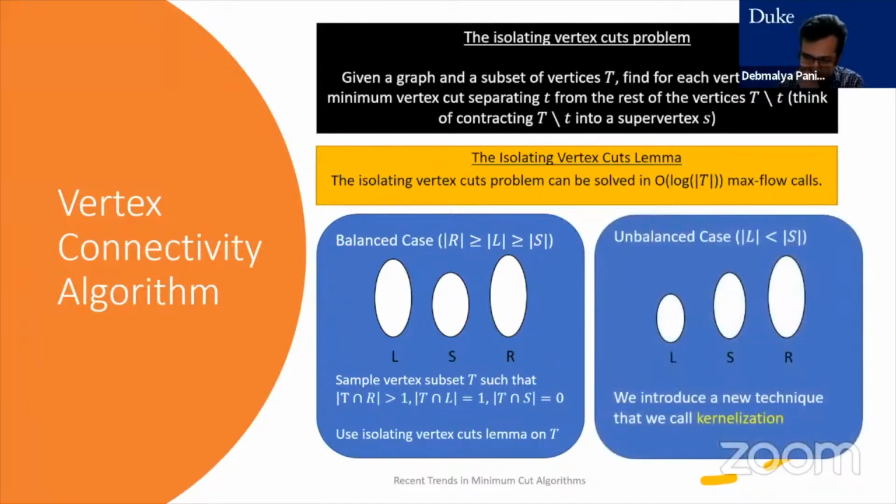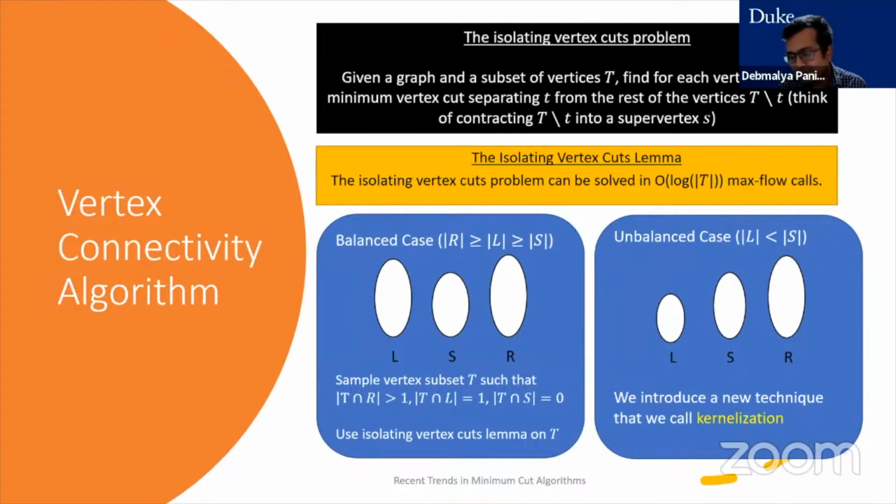Of course, there's the other case, the unbalanced case, where the separator is actually larger than the smaller of the two sides. So L is smaller than R, but S is actually larger than L. In this case, this technique doesn't work anymore because you can't hope to sample a set that misses S but hits L. The difference between the sizes of S and L can be arbitrarily large, so in general you can't hope to get such a sample.